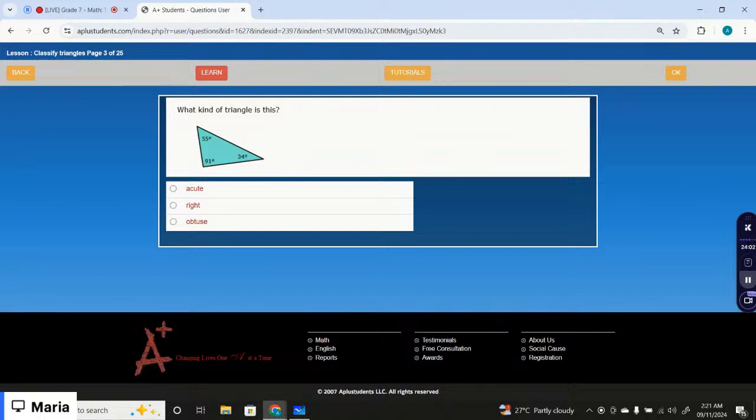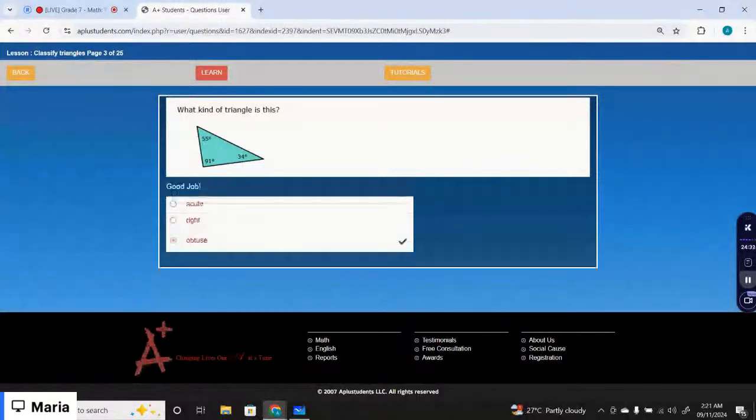What kind of triangle is it? 91 degrees, 34 degrees, and 55 degrees. Which is the correct option? The correct option is one of the angles is more than 90 degrees, so that is an obtuse triangle.